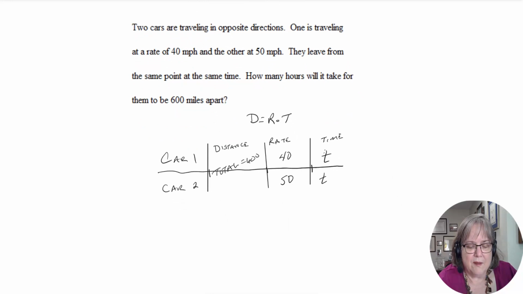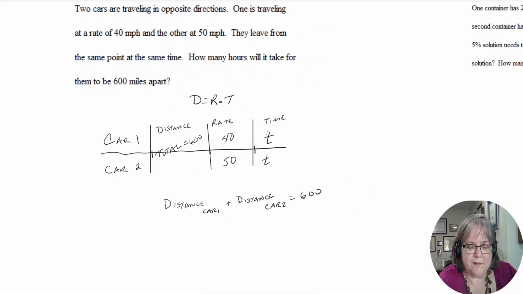Okay. So the distance of car 1 plus the distance of car 2 equals 600, right? Now, distance is equal to rate times time, right?